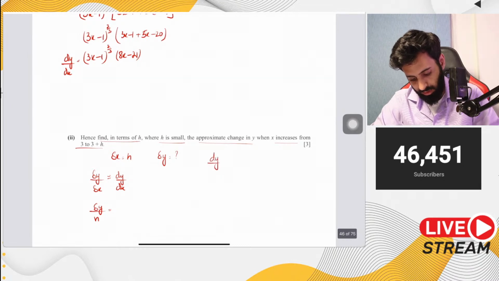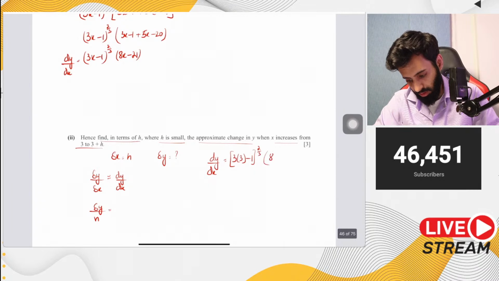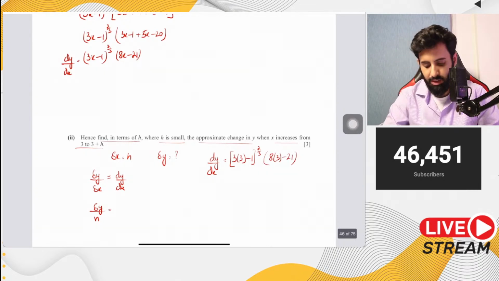So dy by dx is (3 into 3 minus 1) to the power of 2 upon 3 into (8 into 3 minus 21). Okay, so 3 into 3 is 9, 9 minus 1 is 8, 8 to the power of 2 upon 3, let's see what that is equal to.